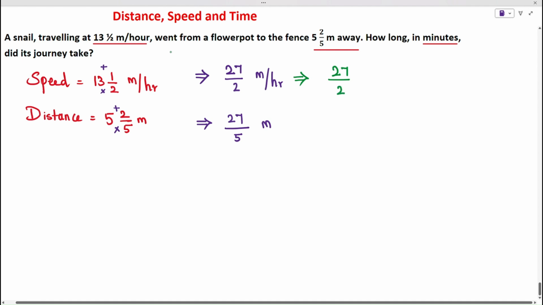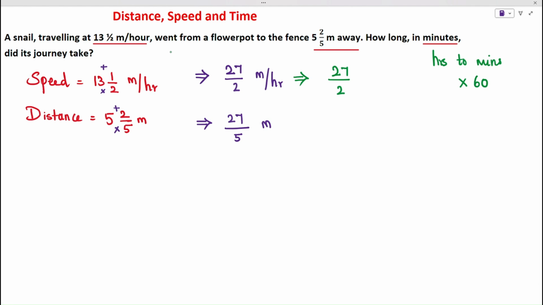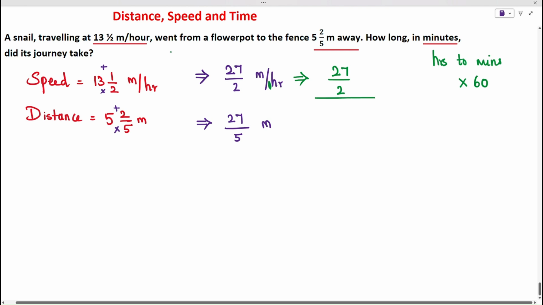And to convert from hours into minutes, we want to multiply by 60. But in the case of speed here, since it's per hour, we want to divide our whole thing by 60.